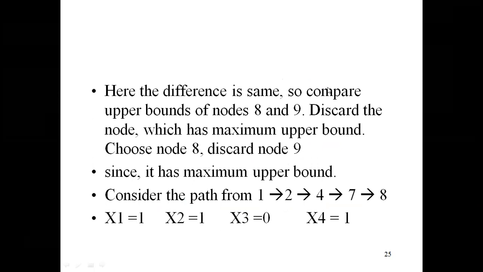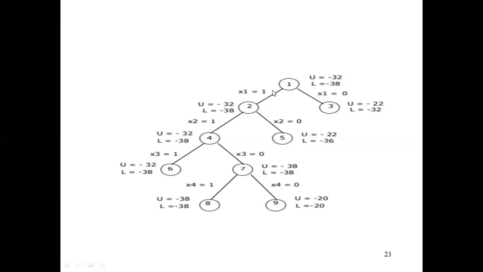Here the difference is same, so compare these upper bounds. Since it has maximum upper bound, see the tree 1, 2, 4, 7, 8.